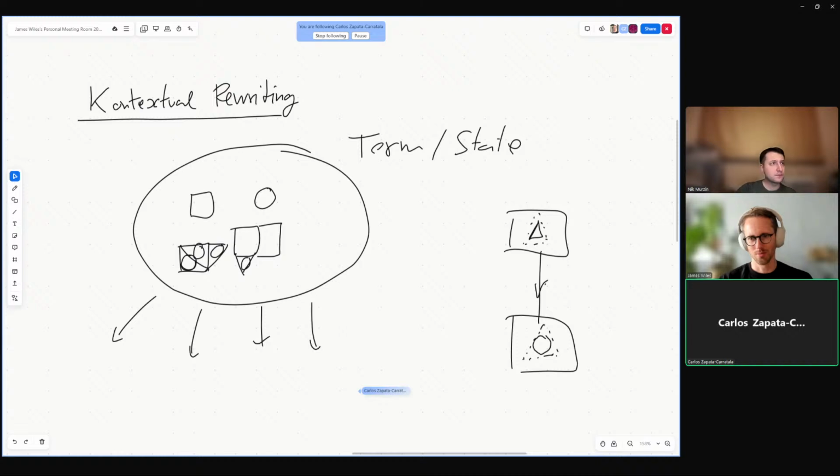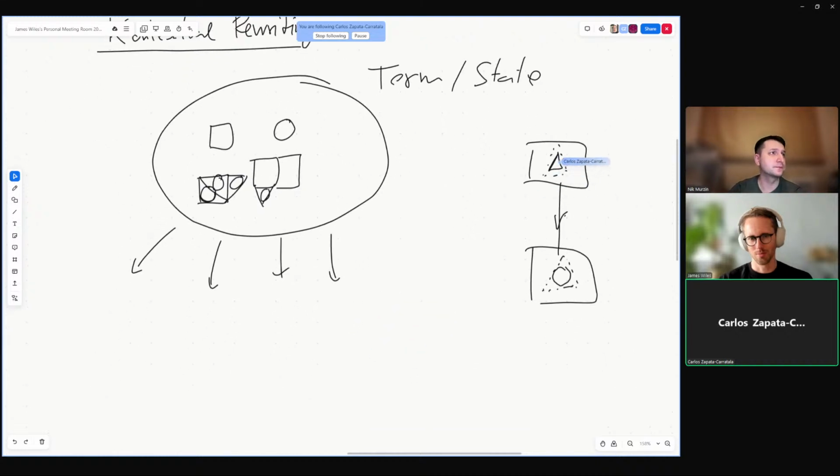So the point is that maybe you want to say, no, this triangle needs to happen exactly adjacent to a square, right? And so here, in your pattern match, you will have to say that this is a square adjacent to the triangle, but in your output, you will have to say something like, you keep the square on the side to the circle, right?